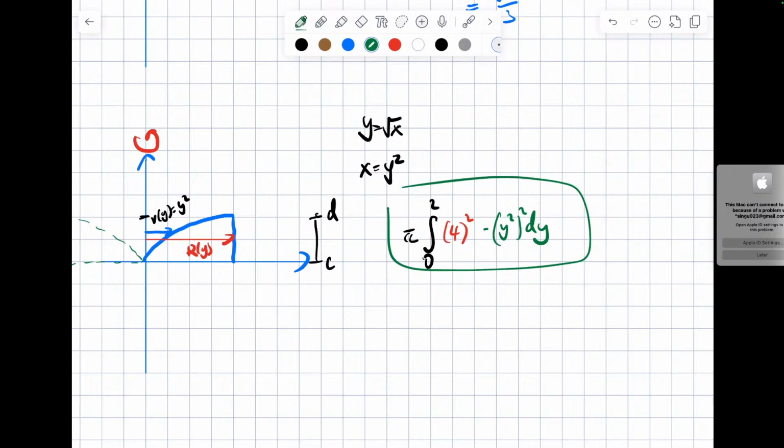Do you understand that y equal to square root of x is like this? And we stop right here because x equal to 4. We stop there. We're rotating around the y-axis.